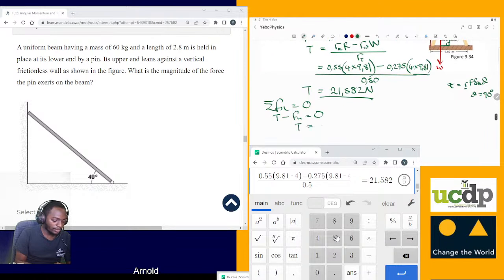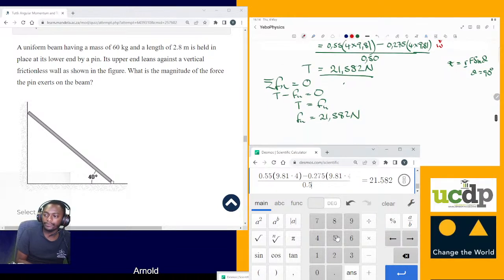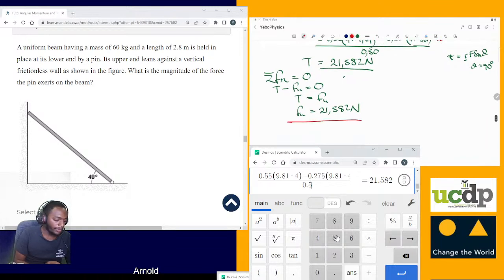So tension is equal to F_H, because this is what we got for the tension. But remember that this is just for one side, okay? It's just for one side of the leg. So basically that is what we're supposed to work out there.